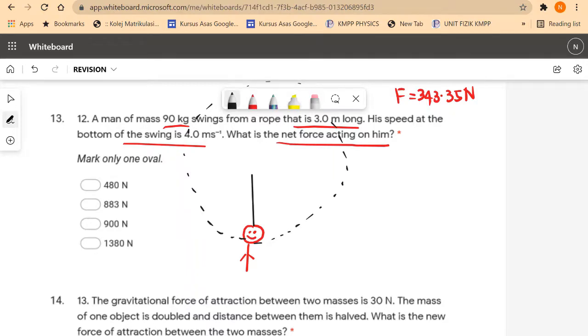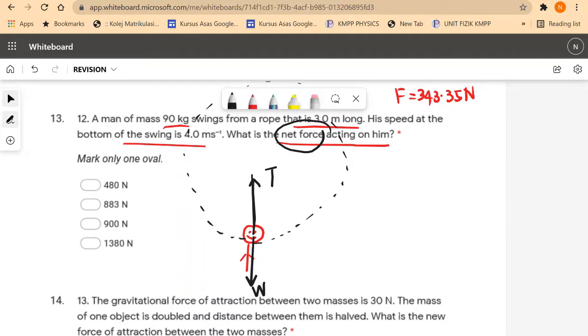So forces acting on the man are the weight vertically downward at the bottom, and then tension away from the man. So net force acting on the man actually is the centripetal force.